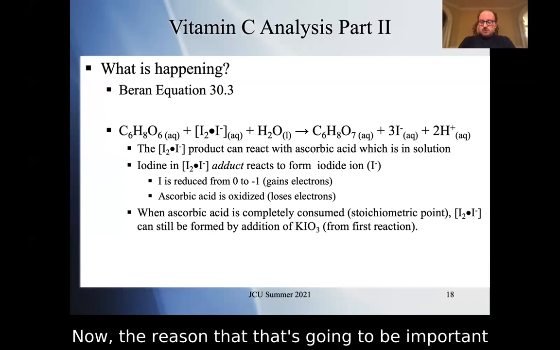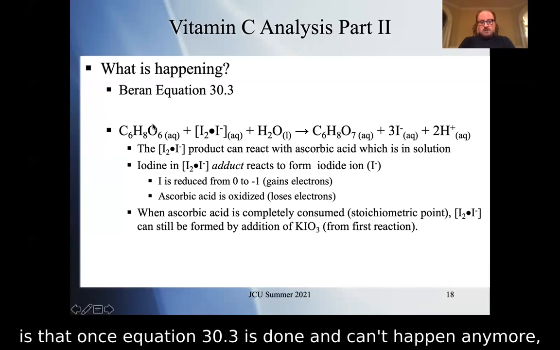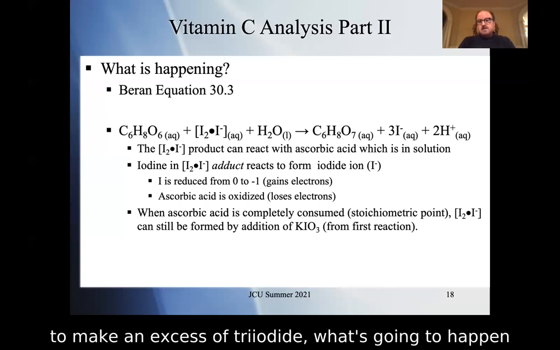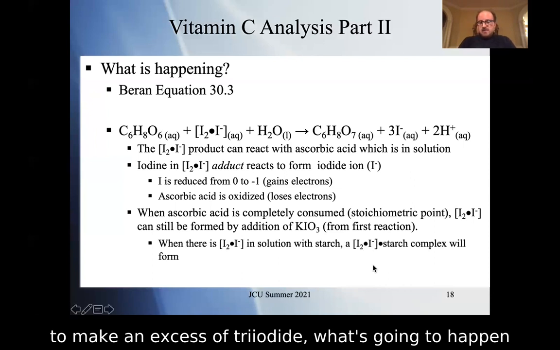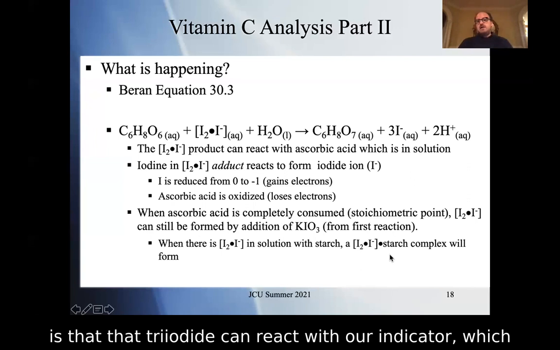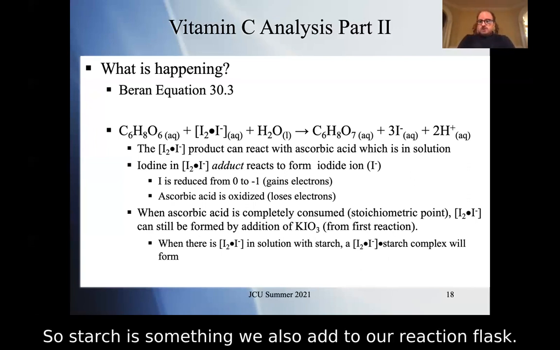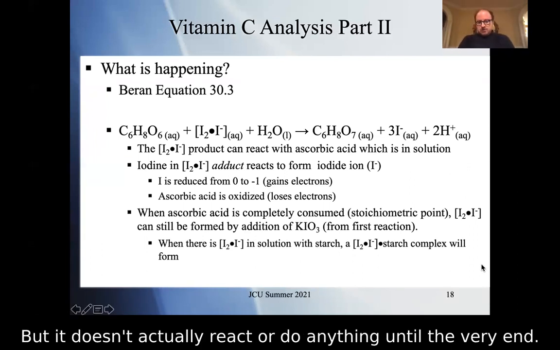Which means that we can still produce triiodide in solution. Now, the reason that's going to be important is that once equation 30.3 is done and can't happen anymore, when we add just a little bit of excess of potassium iodate to make an excess of triiodide, that triiodide can react with our indicator, which is starch in this case. So starch is something we also add to our reaction flask, but it doesn't actually react or do anything until the very end.